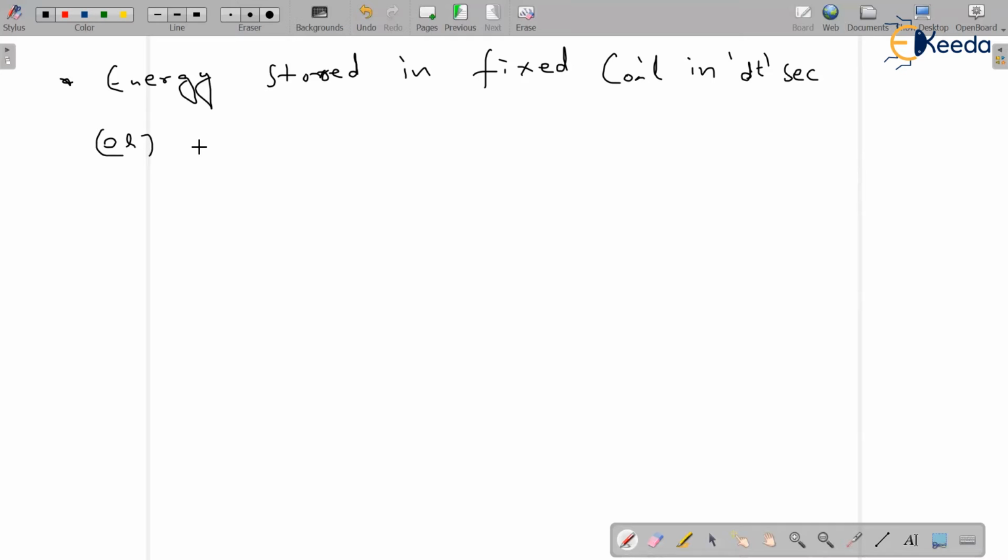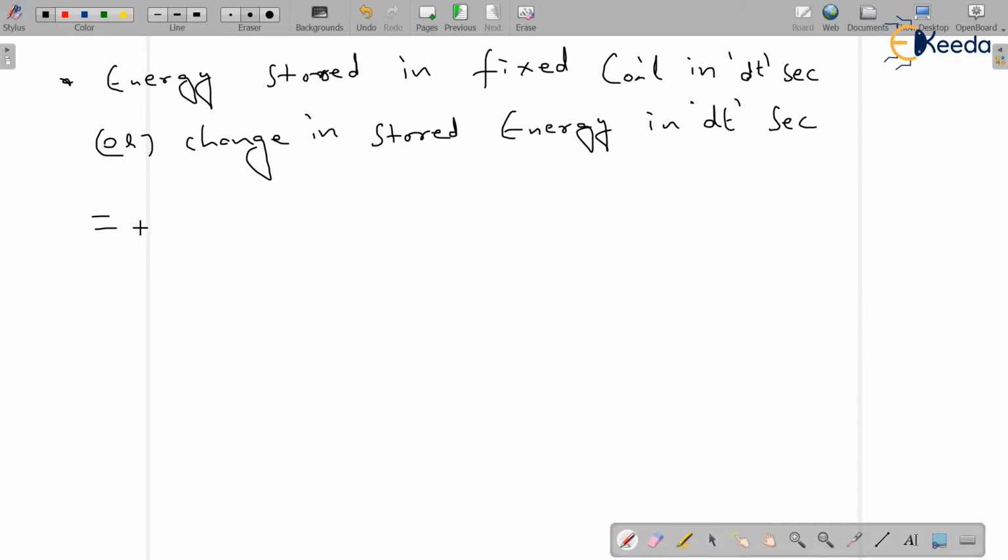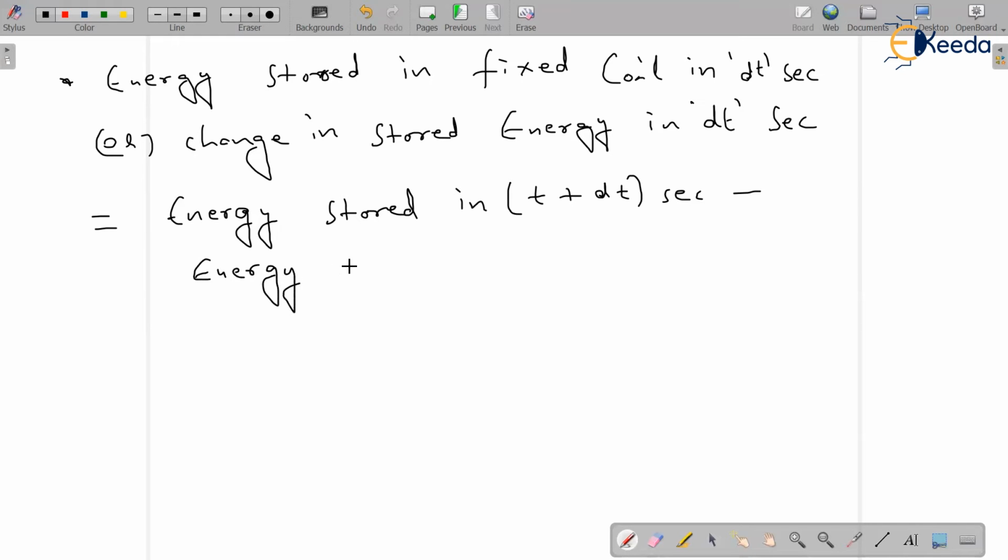or change in stored energy in dt seconds, is equal to energy stored in t plus dt seconds minus energy stored in t seconds.